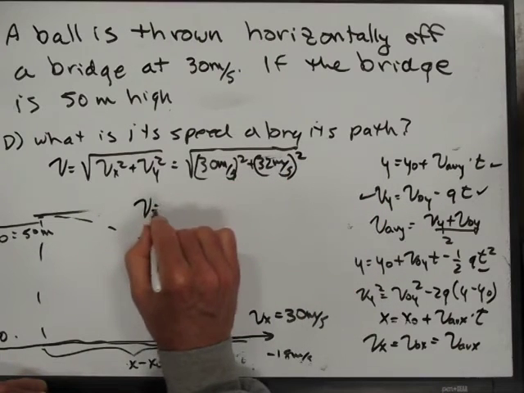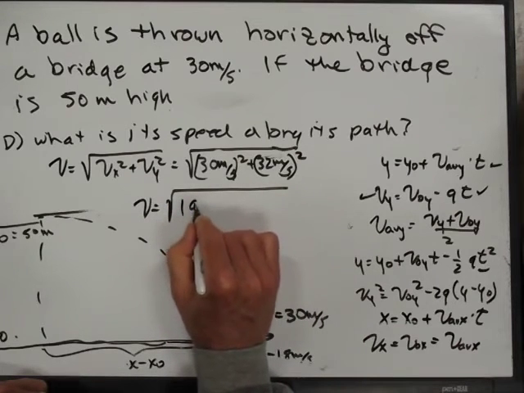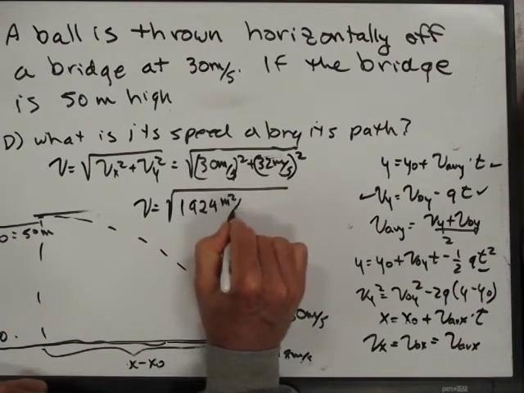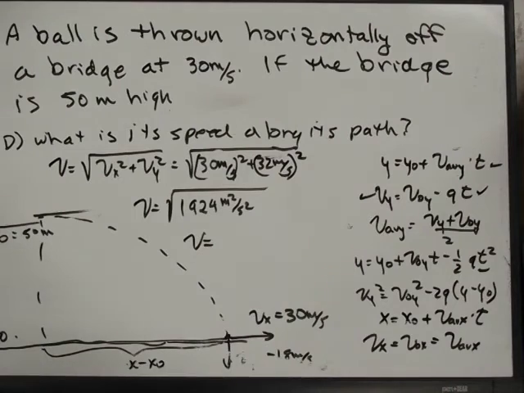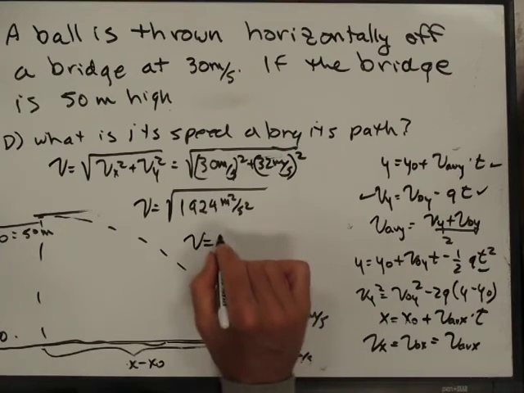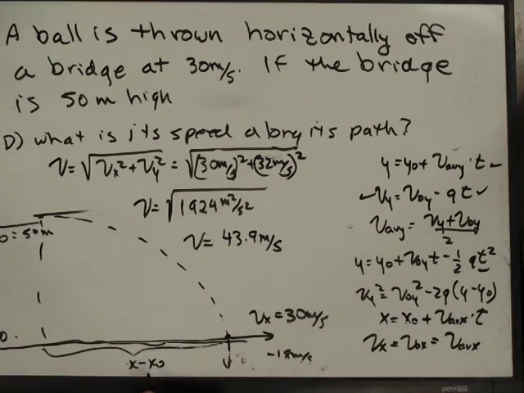And so V is equal to the square root of 900 plus 1024, so 1924 meters squared over seconds squared, or V is equal to 43.9 meters per second along the trajectory, along its path.